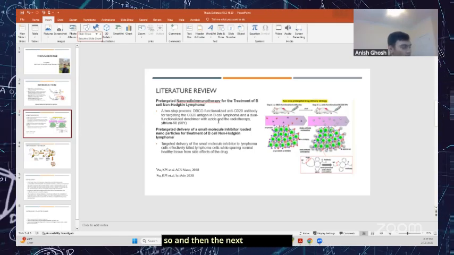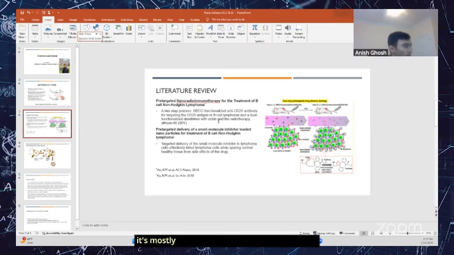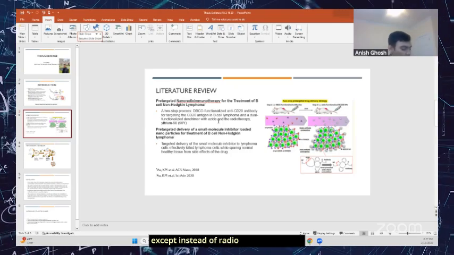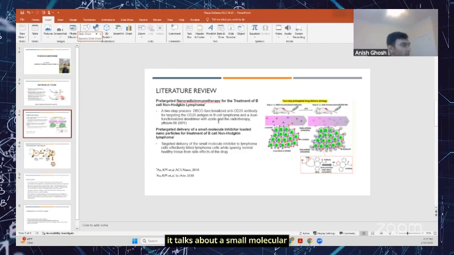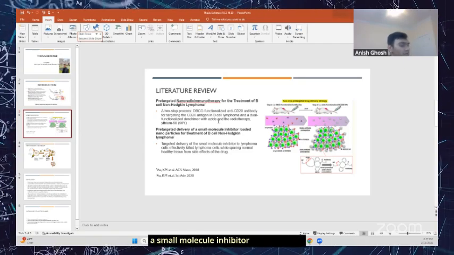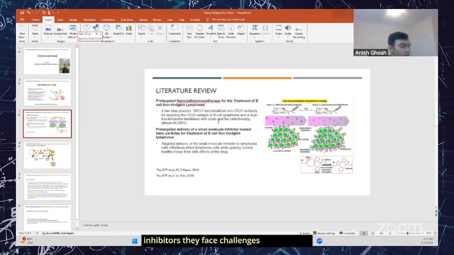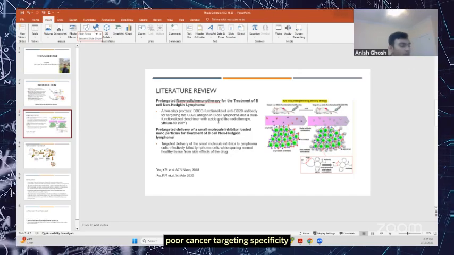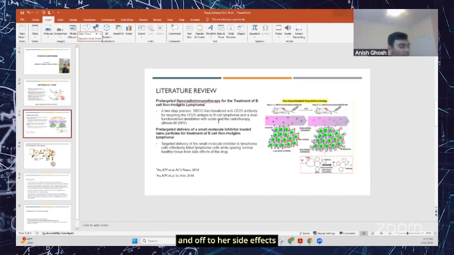The next paper is mostly about the same concepts being used, except instead of radioimmunotherapy, it talks about small molecule inhibitors. These inhibitors face challenges such as poor cancer targeting specificity and also significant on-target, off-tumor side effects.